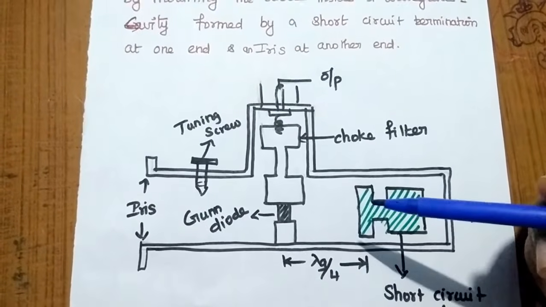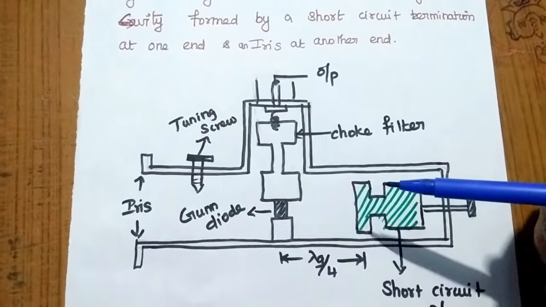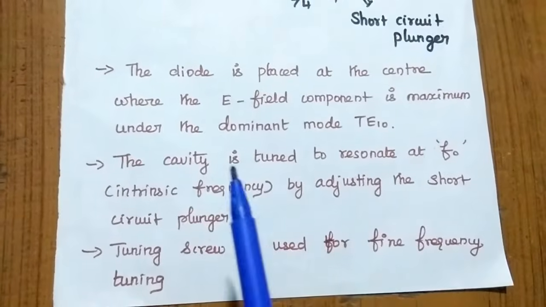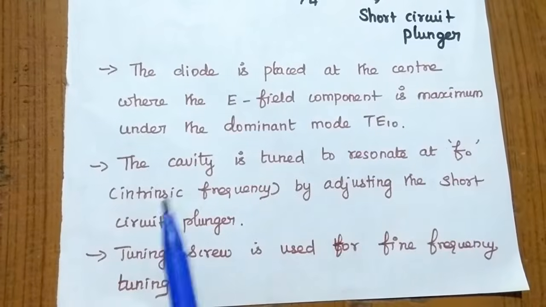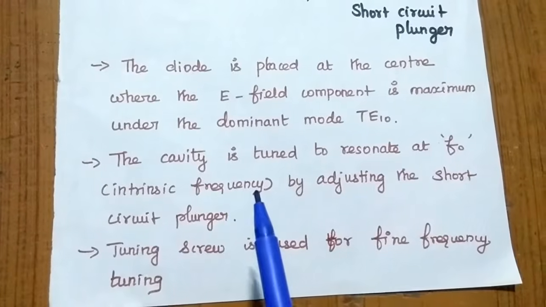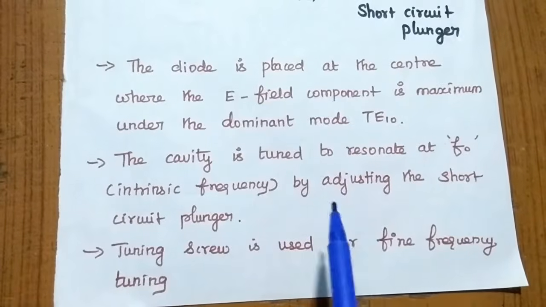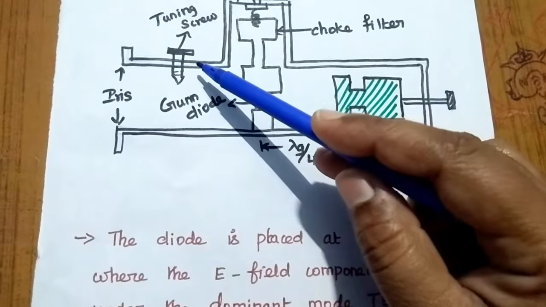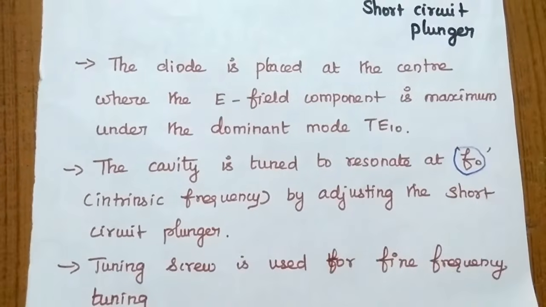At resonant frequency, the microwave oscillation starts. Here the resonant cavity is tuned to resonate at F0. F0 is nothing but the resonant frequency or intrinsic frequency, that is the natural frequency at which the microwave signal is generated. That is obtained by adjusting the short circuit plunger. The tuning screw is used to fine tune the frequency range. Next, we are going to find out the value of this F0.